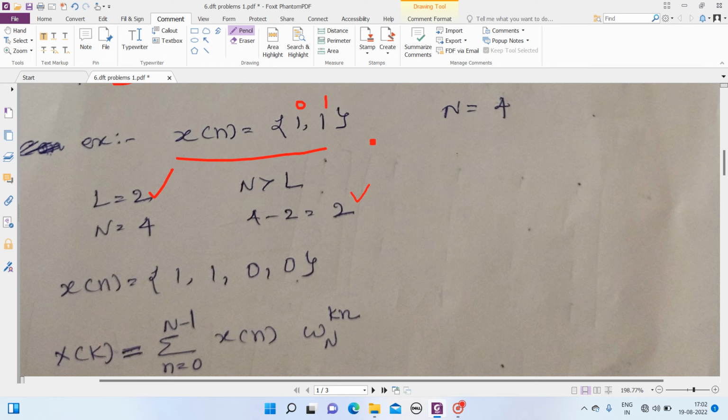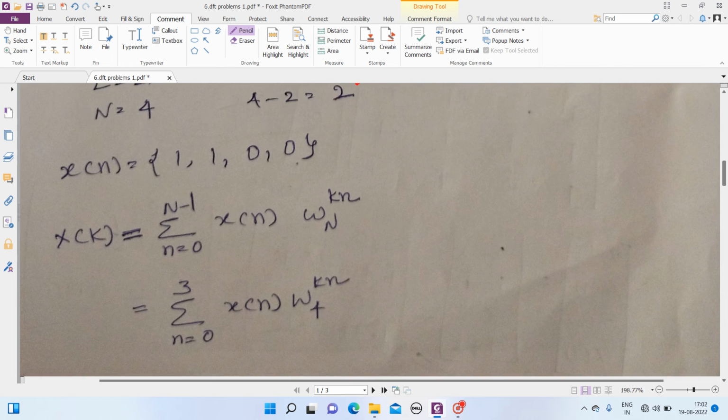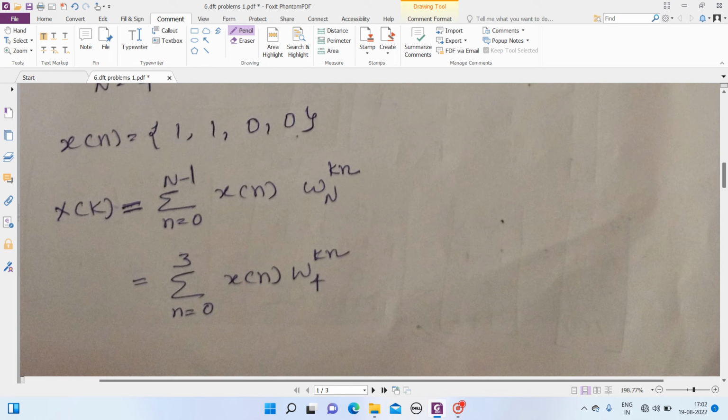I have to append two zeros at the end of the sequence of x of n. Thereafter, we just have to calculate X of 0, 1, 2, 3. That's all. We need to calculate the X of k value for 0, 1, 2, 3.